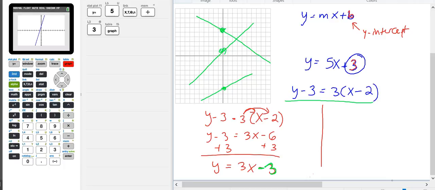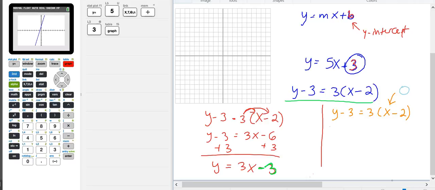If it crosses over here, the x-coordinate is always going to be equal to 0. So we can solve this equation, y minus 3 is equal to 3 times x minus 2, if we plug in a 0 for x, then we'll get our y-intercept also.